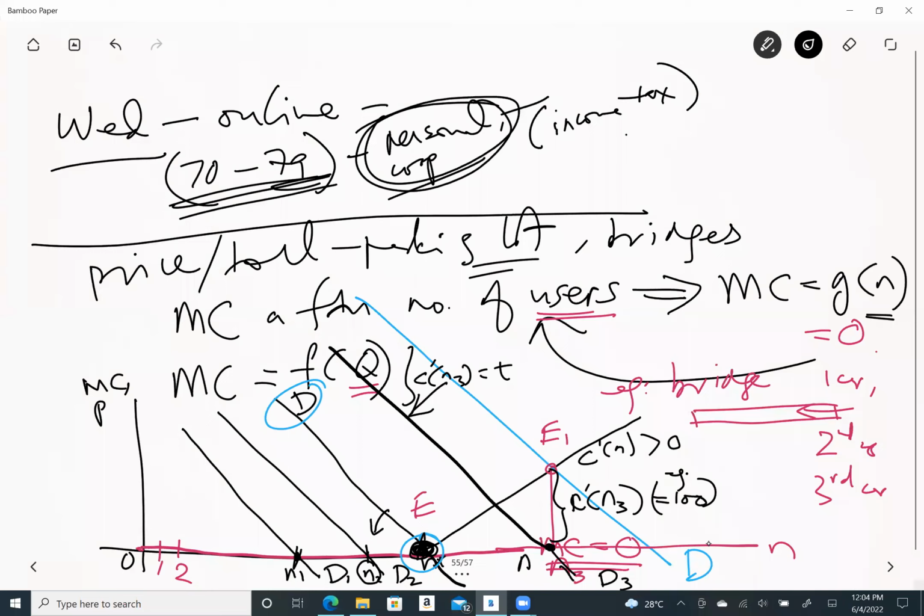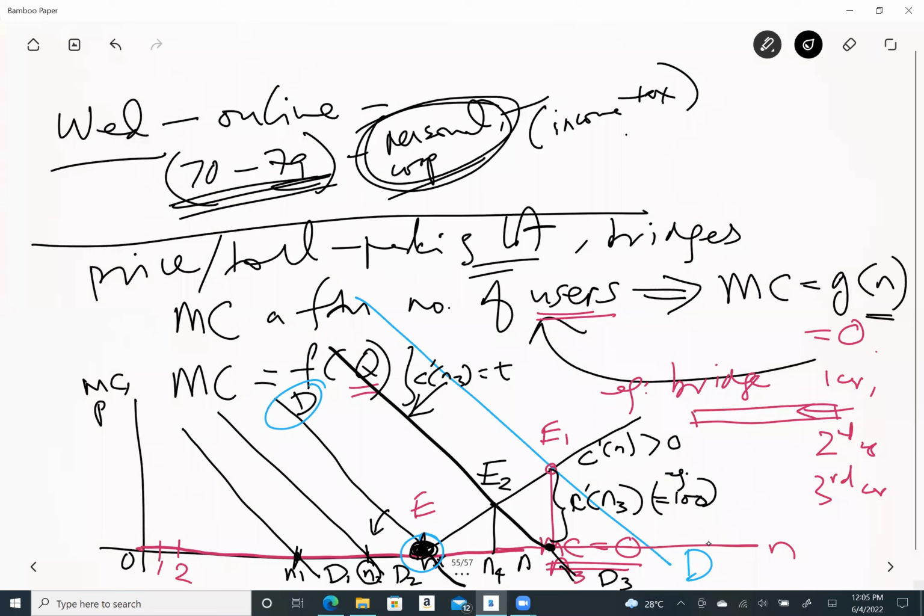Call it E2. The equilibrium will be there. And what happened to the number of users? It will go down to say N4. And everybody will pay the toll. The toll is 100.